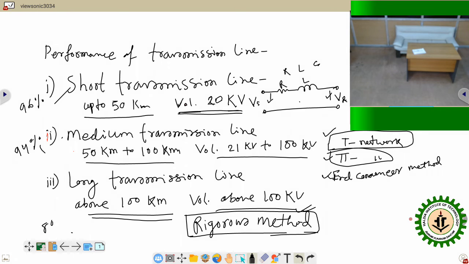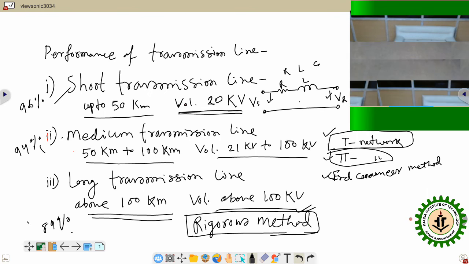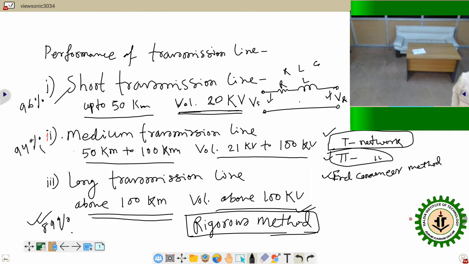So which is the most appropriate efficiency for the transmission line? Obviously consider this 89% because this is the practical method. Here you analyze by considering the line resistance, line inductance, but practically here we do not do this. Practically there is some difference. Here you consider the idea.